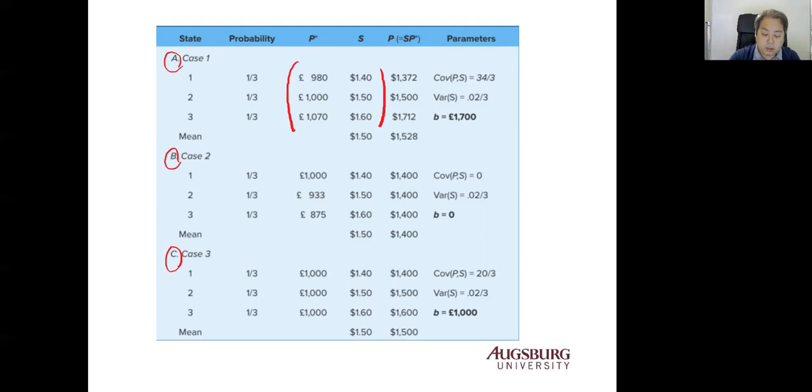These are the determinants, and we calculate the pound firm value, basically 980, 1,000, 1,070. They are positively correlated, obviously.